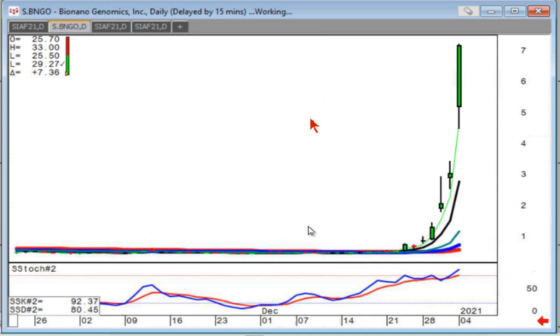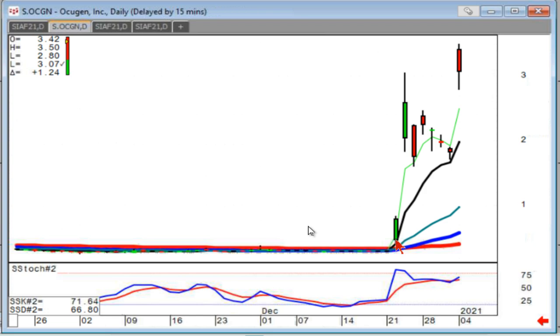Somebody else was saying today they were in Bingo. You could see how Bingo had broken out. That's why we came across OCGN when it broke out. So we were buying this one at 72 cents, and today obviously it closed at 307.